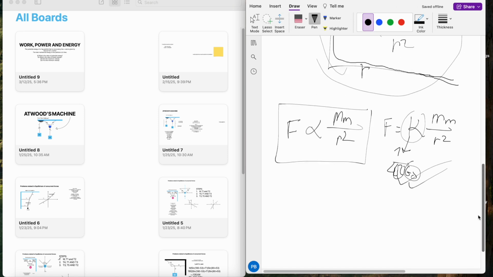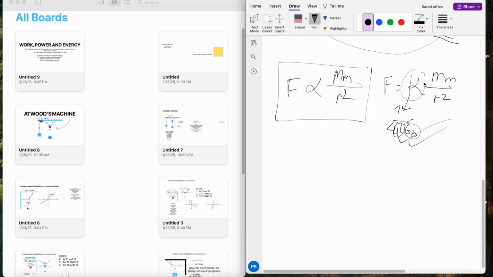Okay, all these things are fine to consider, but the constant here depends on something. It depends on what? See, in quantum mechanics this k depends on the medium.